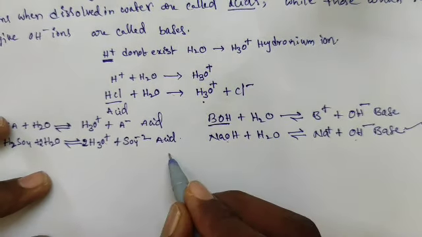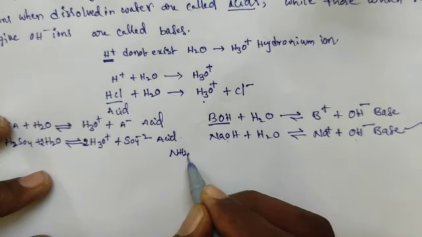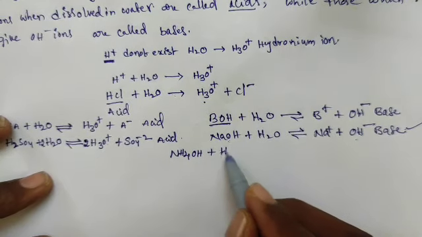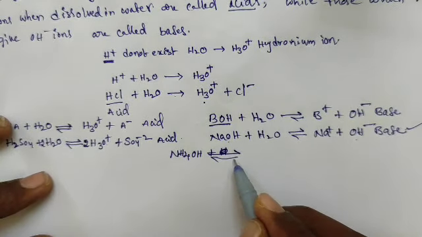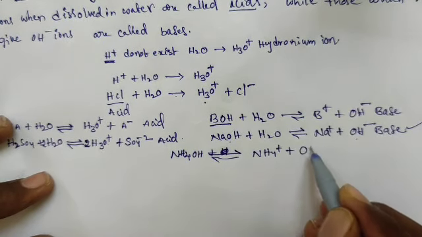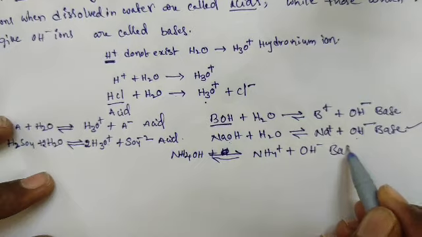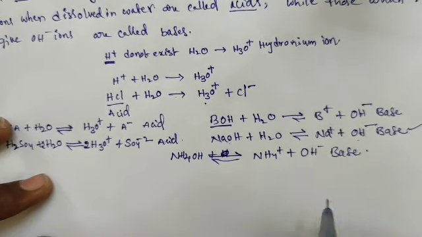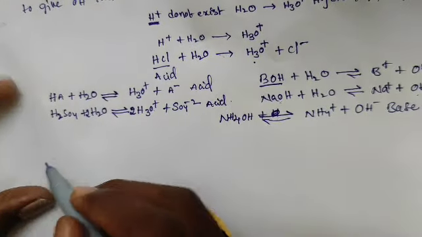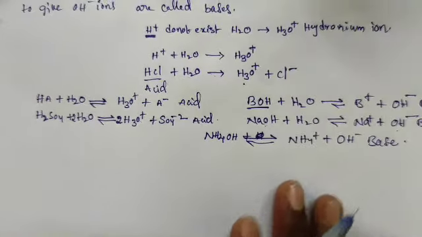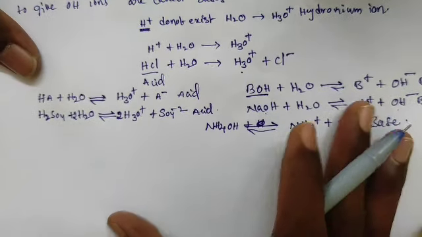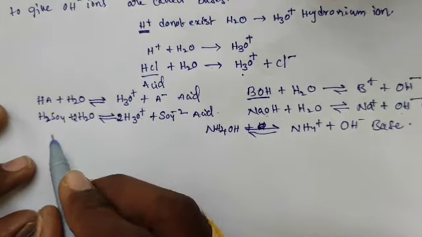Next, ammonium hydroxide is also a base, NH4OH, in the presence of water, NH4 plus and OH minus will come, that is also a base. So in this theory, when a substance dissolved in water releases H plus or OH minus ions, he said only those are acids or bases.